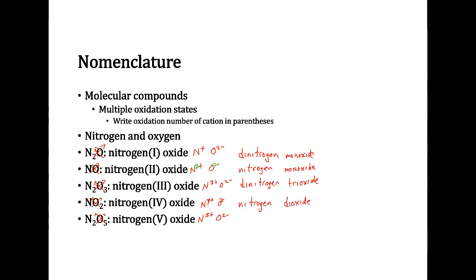And the final compound, N2O5, would be dinitrogen pentoxide. So you're going to have to use some judgment on these. It's not pentaoxide. So like pentoxide, hexoxide, we are going to leave the A off of some of those.